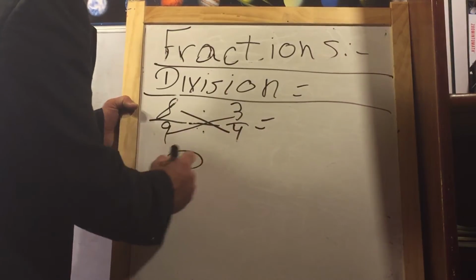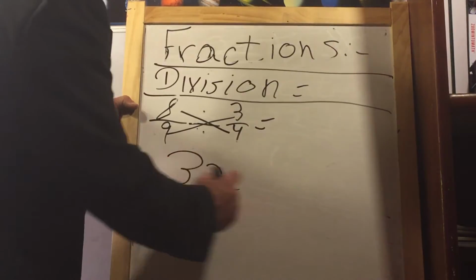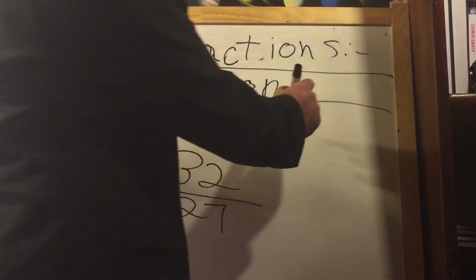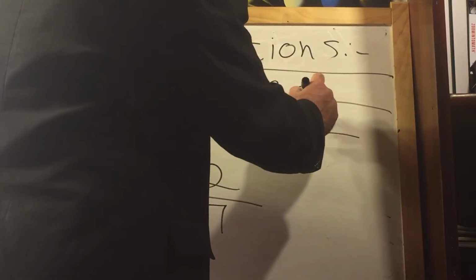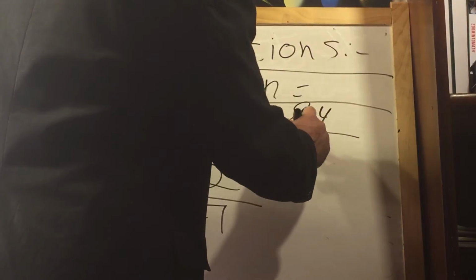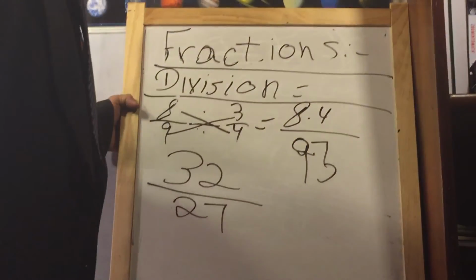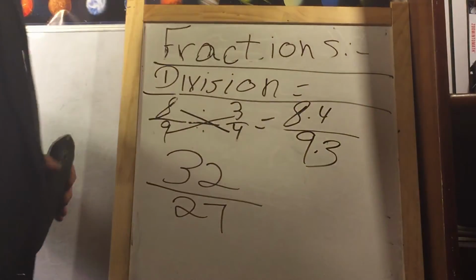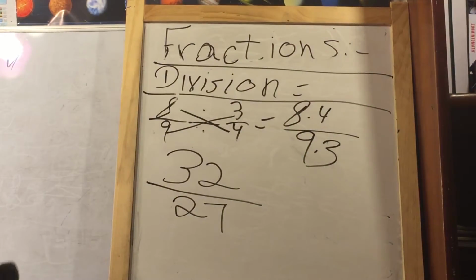Either way, you can do it both ways. 32 over 27. 8 times 4 over 9 times 3. So the answer is 32 over 27.